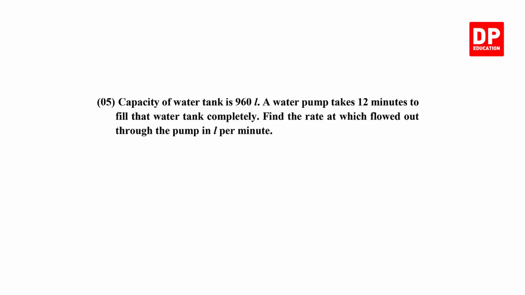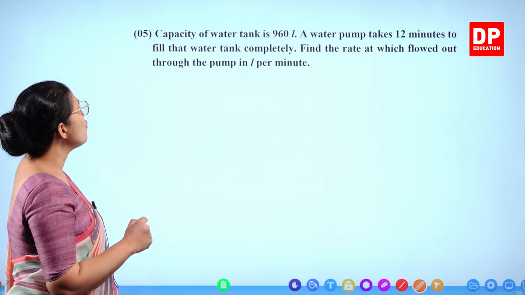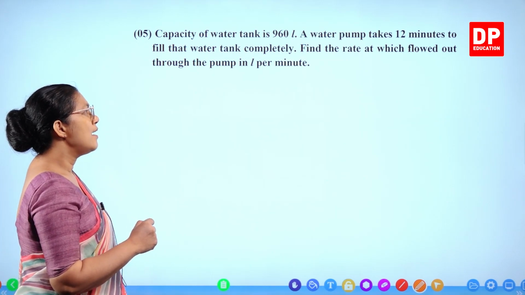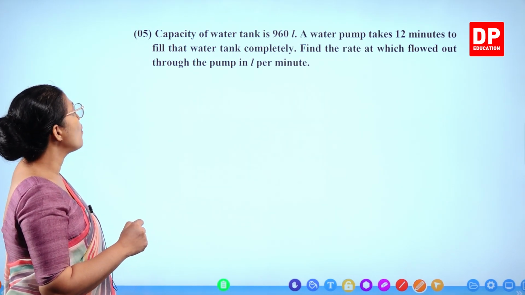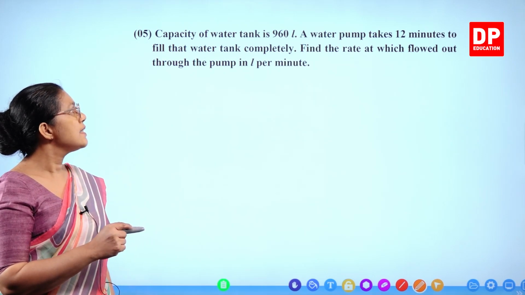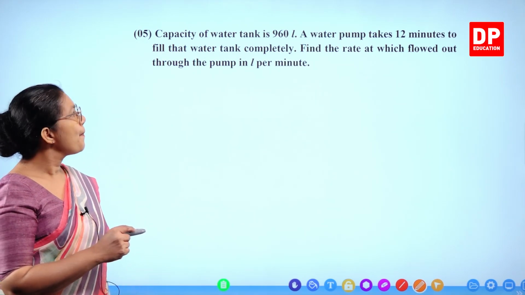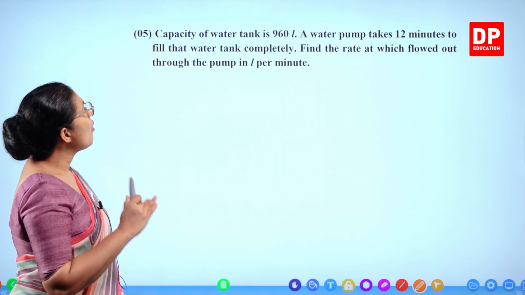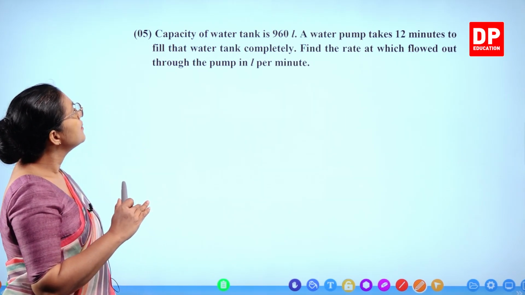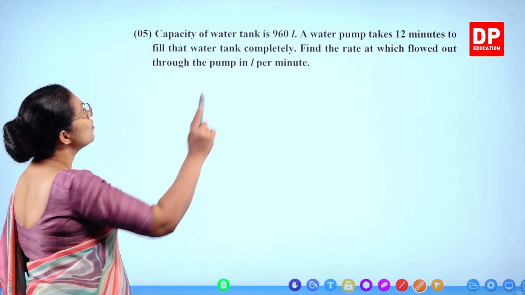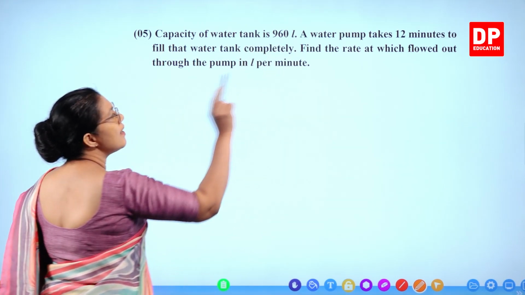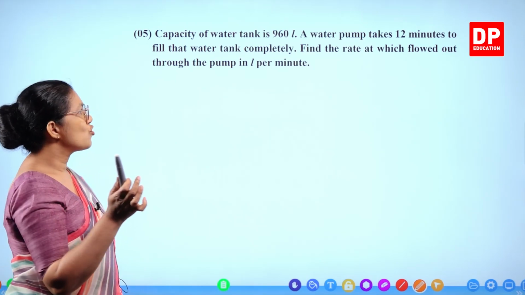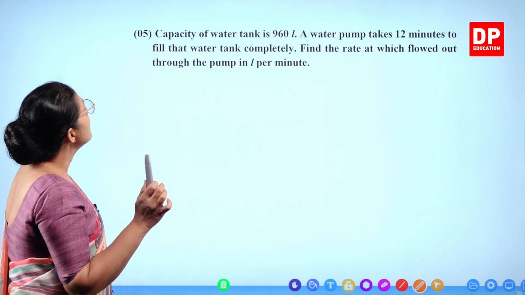Question number 5. The capacity of a water tank is 960 liters. A water pump takes 12 minutes to fill that water tank completely. Find the rate at which water flowed through the pump in liters per minute. Capacity means the volume of the full tank, and it takes 12 minutes to fill the whole tank.